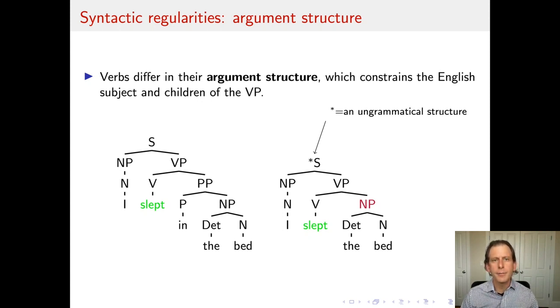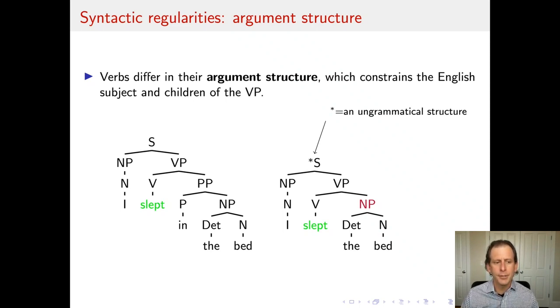Loosely speaking, argument structure is the set of phrases which denote core participants in the event or state that the verb is describing. And those core participants differ based on the properties of the verb, and those core participants may or may not be obligatorily realized in the sentence itself.